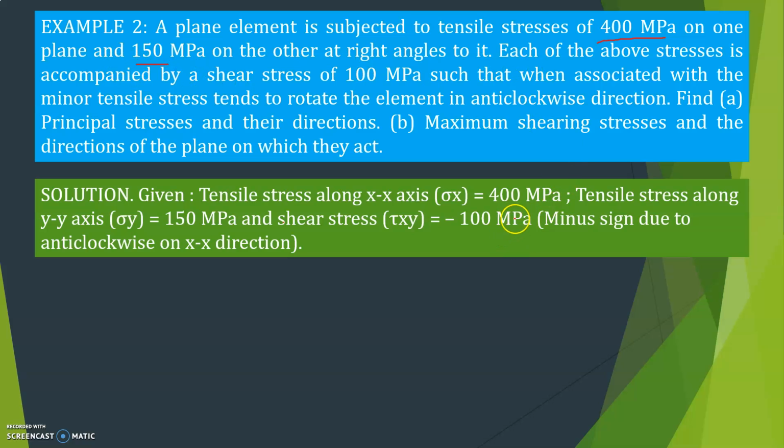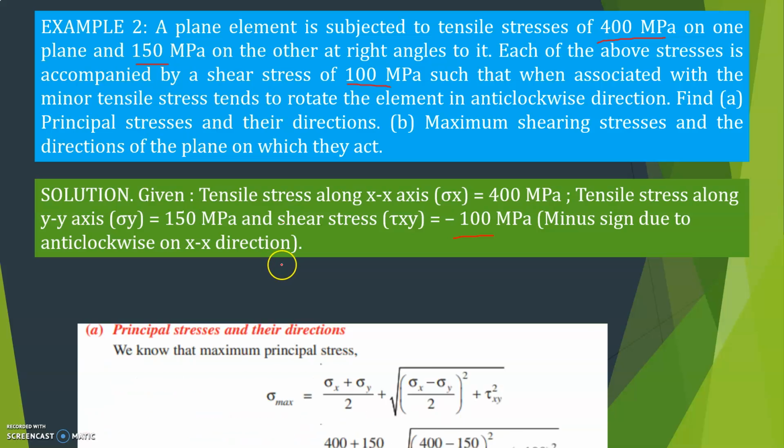Sigma x is equal to 400 MPa and sigma y is equal to 150 MPa. Then shear stress is equal to 100, but I have considered it minus here because this tends to rotate the element in the anti-clockwise direction, so it is minus. So minus sign due to anti-clockwise on the x direction.